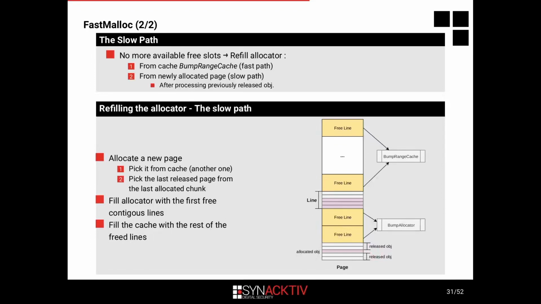And if these caches are empty, then fastmalloc will look in specific pages to see if some lines are released. And if they are, fastmalloc will use this line to refill the allocator. At the end of this path, fastmalloc has a full bump allocator.